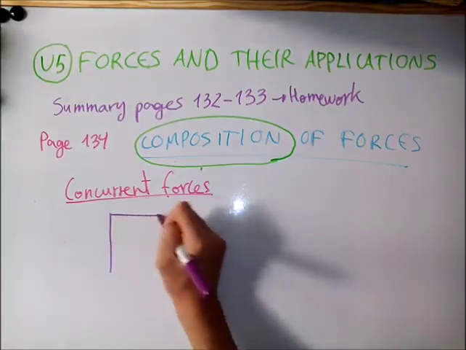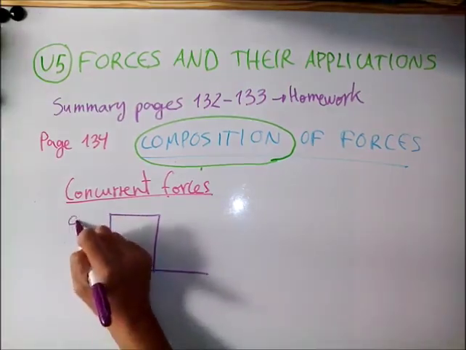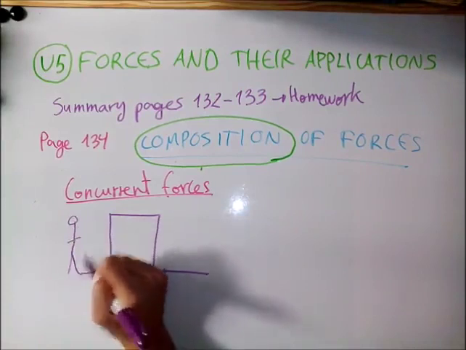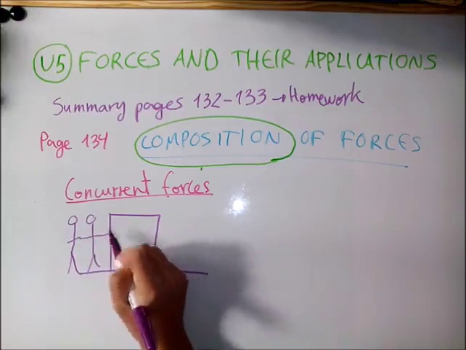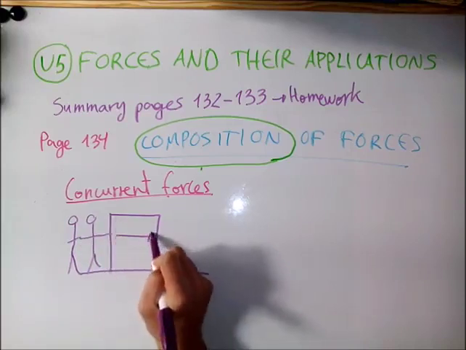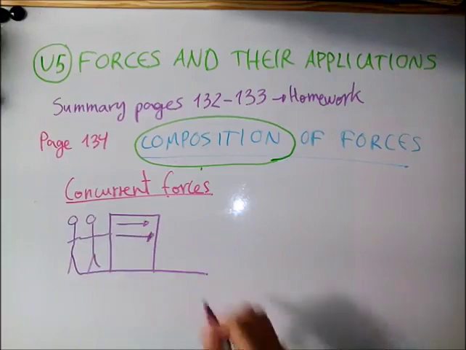So case number 1, situation number 1. It would be, for example, 2 people, as you can see in your book, you have this picture. So 2 people are pushing the box, and each person is pushing with a different strength.